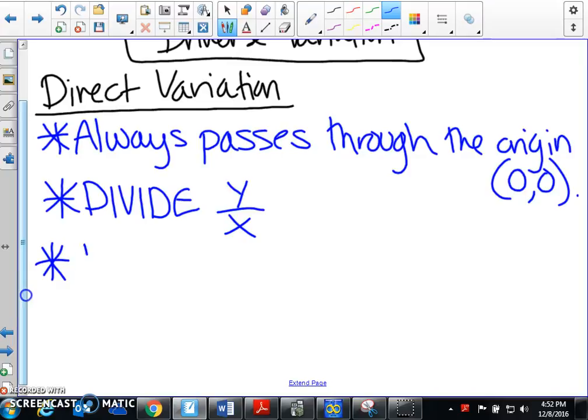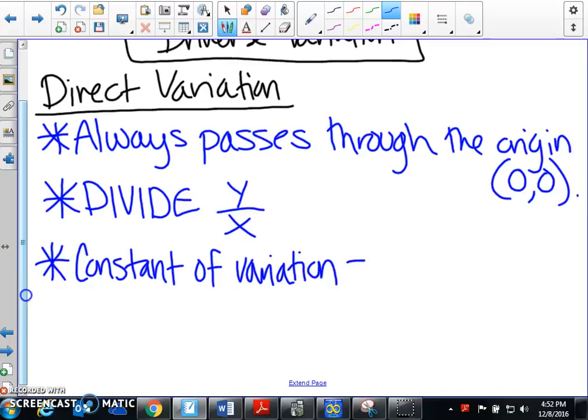Your constant of variation is going to be your k, which is equal once again to that ratio, which is y over x. Make sure you're careful. It's y over x, not x over y. Your constant of variation for direct variation is just a fancy way of saying slope, okay?